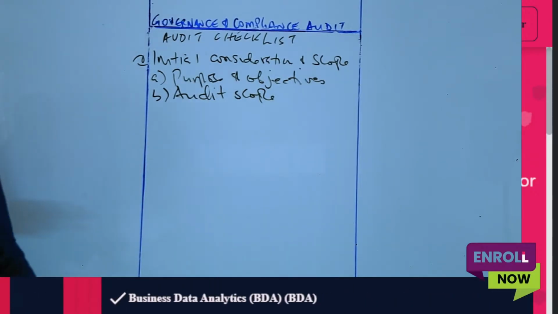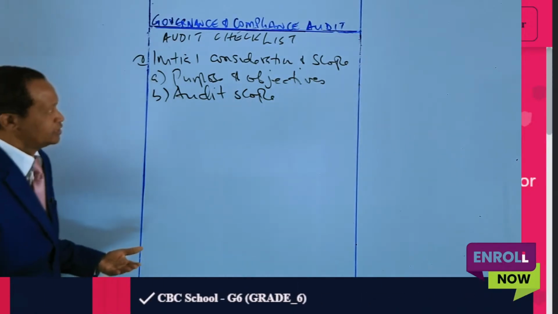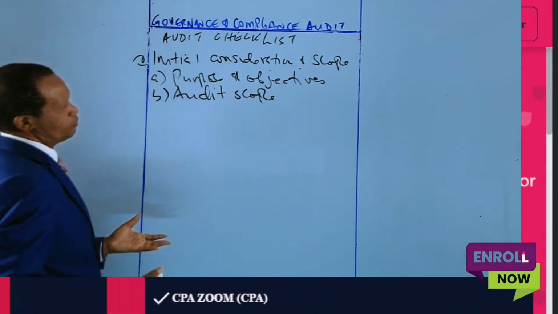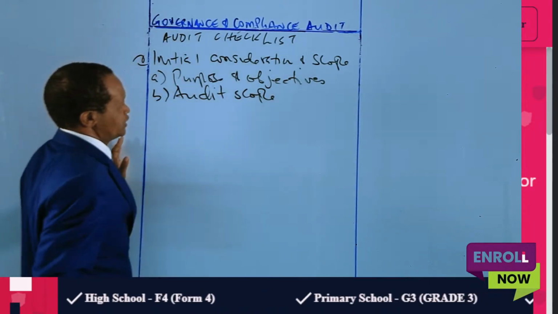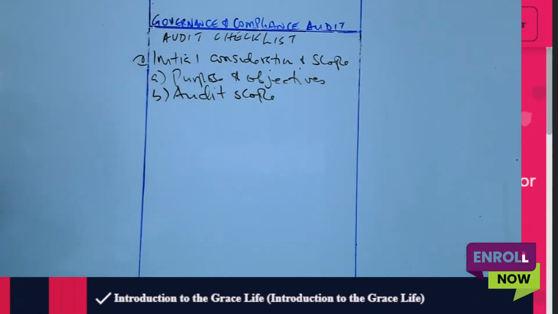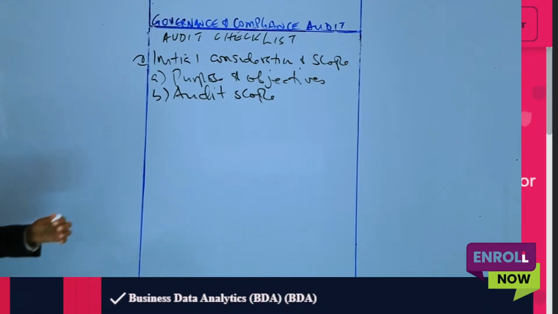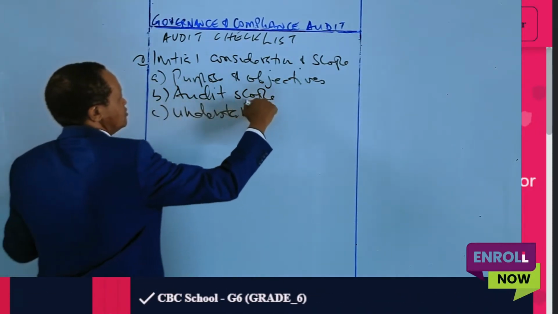Has the time period to be audited been specified? So those are aspects of the audit scope which have to be covered in the checklist. So there has to be that part of the checklist which has to be ticked as the planning phase comes to an end. Then you have understanding the entity.